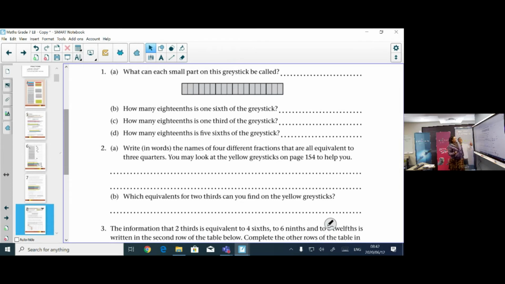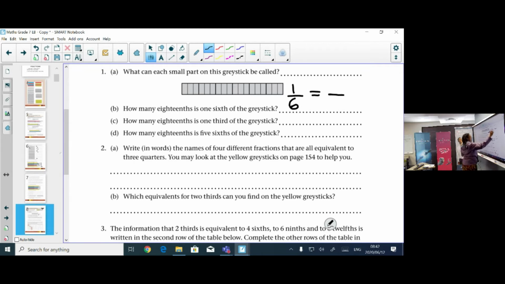In other words, what is the equivalent of 1 over 6 in eighteenths?